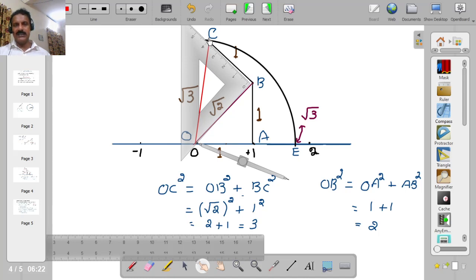So BC is the line segment perpendicular to OB and having length 1 unit.